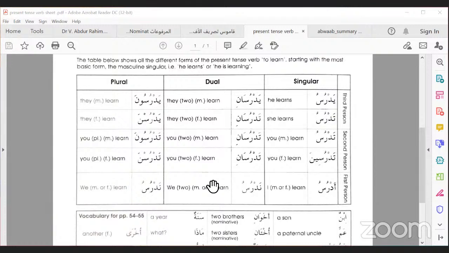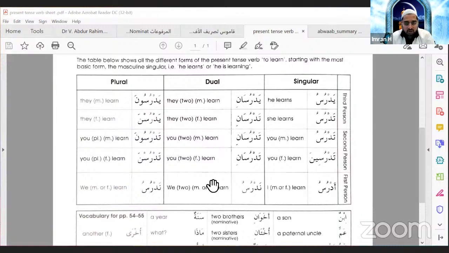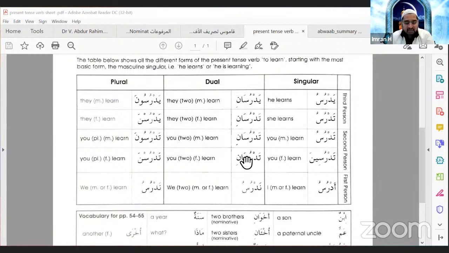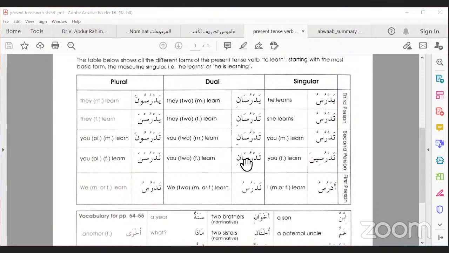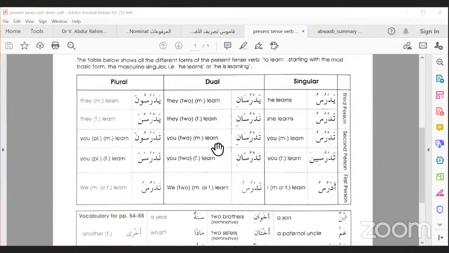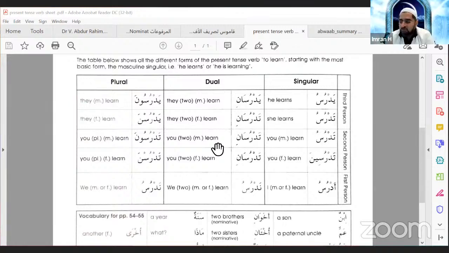You two are learning, تدرسان. So both masculine and feminine, tadrusani and tadrusani, are exactly the same. They all females are learning, يدرسن. They all boys are learning, يدرسون. Excellent.